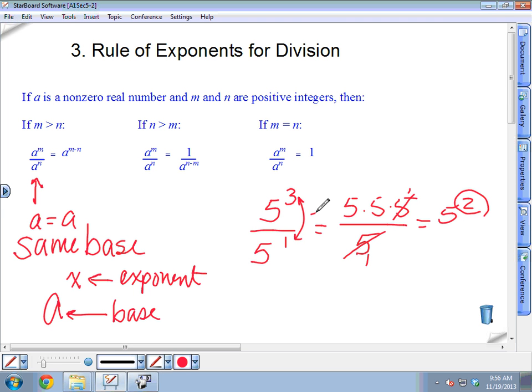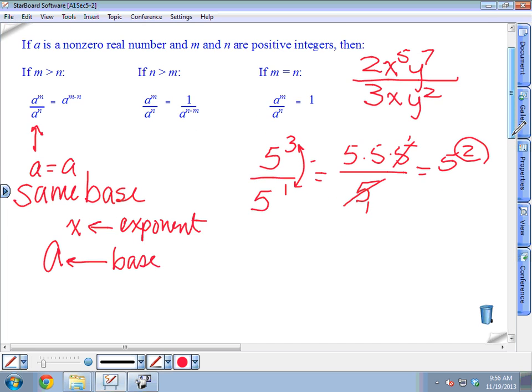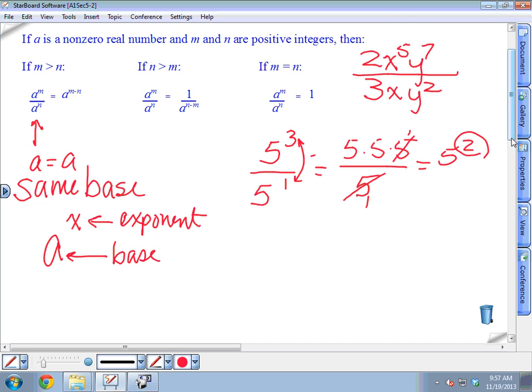So, let's do a more difficult one here: 2x to the 5th, y to the 7th over 3x y squared. Now, this is something we're probably going to do at the Algebra 2 level, but you can do it, right? Let's redo this one down here.